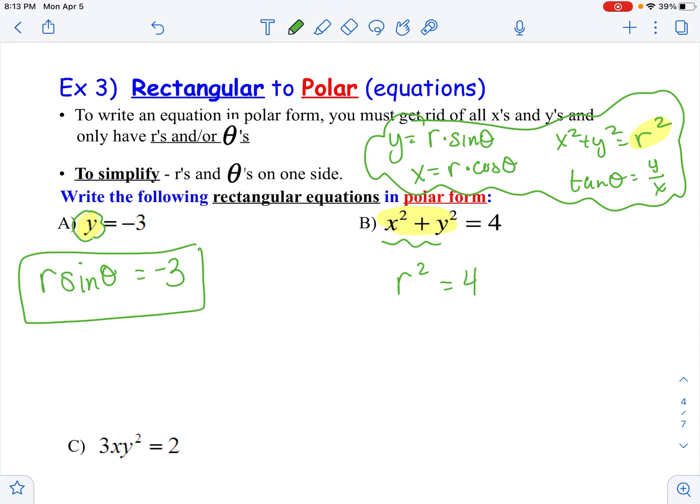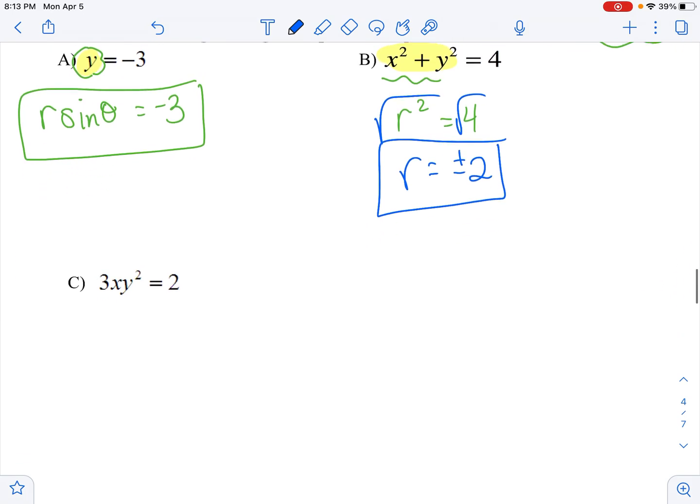And if we want to go one step further, we could actually root both sides and solve for r. So we could say r equals plus or minus 2. Technically, I would accept either of those equations. Either r squared equals 4, because you did get rid of the x's and the y's and you got r's, or you could square root both sides and solve for r, but don't forget that plus or minus.